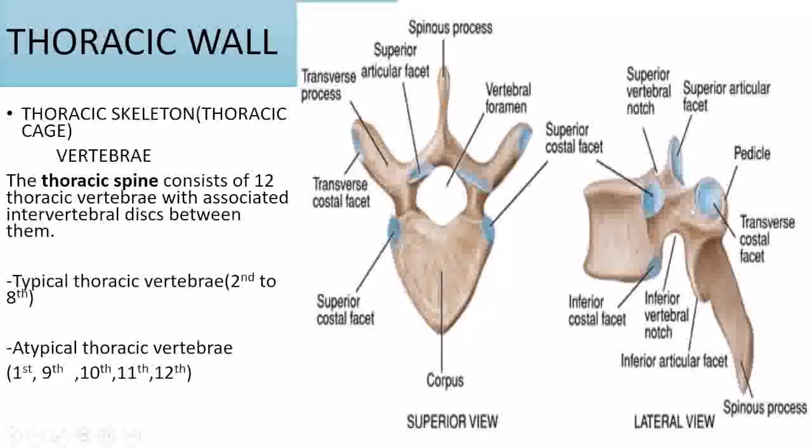What distinguishes the thoracic vertebrae from the cervical or lumbar vertebrae, for example, is the presence of these facets. Remember that the ribs are only found in the thorax. So if you pick a vertebra and you see this costal facet, you know that it is a thoracic vertebra.